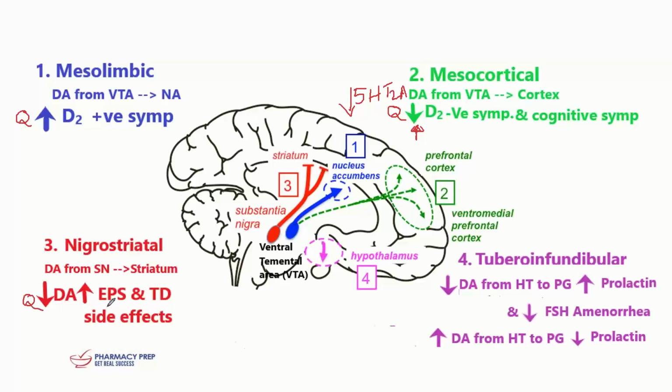Obviously, the EPS, extrapyramidal symptoms, we will see in a few minutes. A decrease in dopamine in the substantia nigra also leads to those EPS. Remember, this is the same place where nigrostriatal pathway deficiency of dopamine leads to Parkinson disease, which is one of the symptoms of EPS.